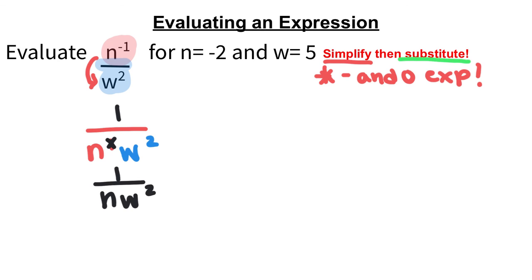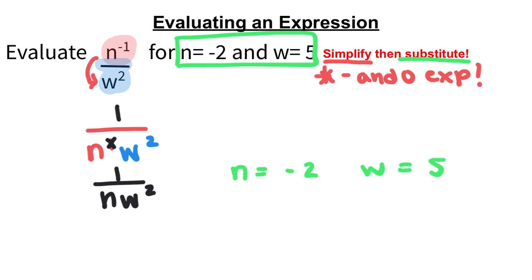Now, if I substitute using n equals negative 2 and w equals 5, I know that I can substitute the negative 2 in for n and the 5 in for w.